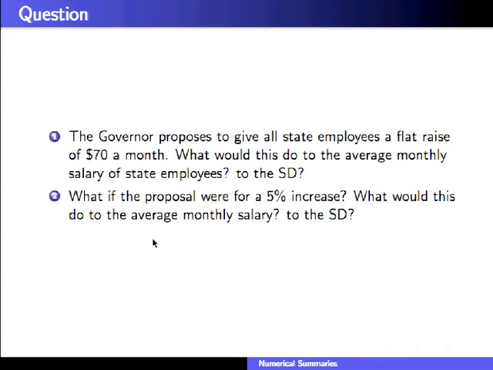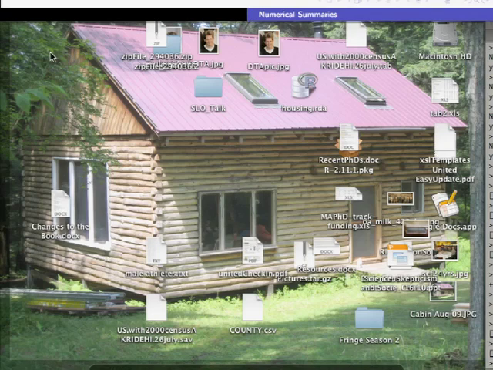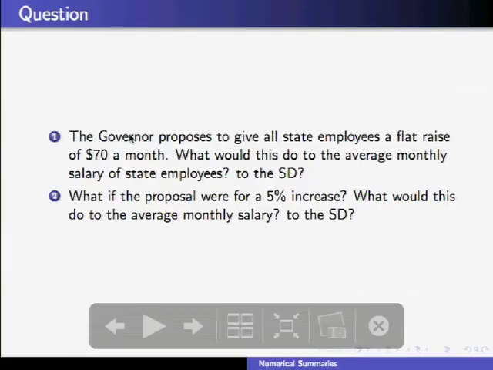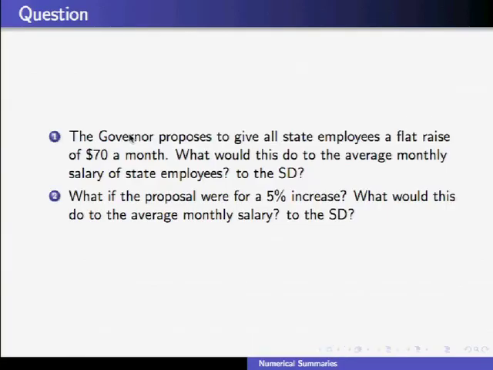What about the 5% increase? What does the 5% increase do? You answered already. Somebody else. 1.05.